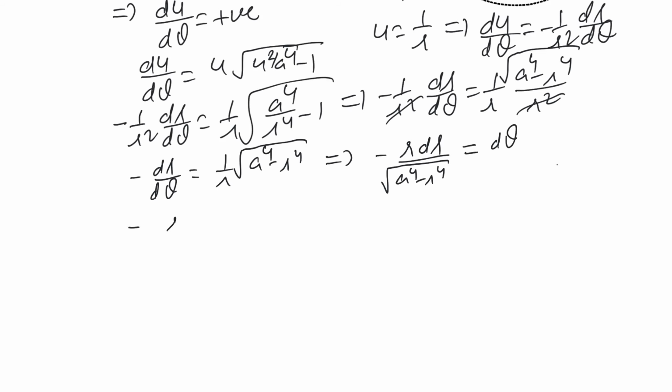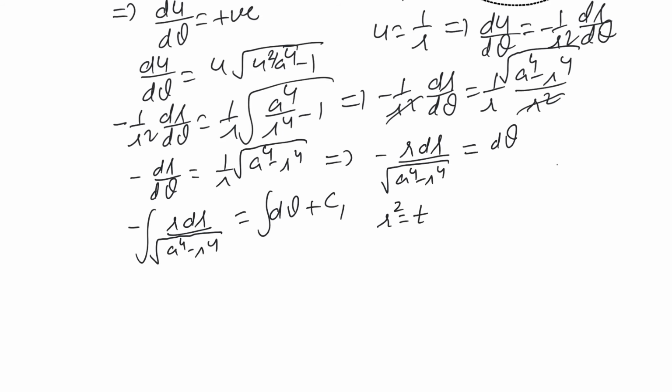Integrating both sides, we get the integration of minus r dr by square root of a4 minus r4 is equal to the integration of d theta plus arbitrary constant c1, because c is already used. This implies that in this integration put r square is equal to t. This implies that 2r dr is equal to dt, implies r dr is equal to dt by 2.